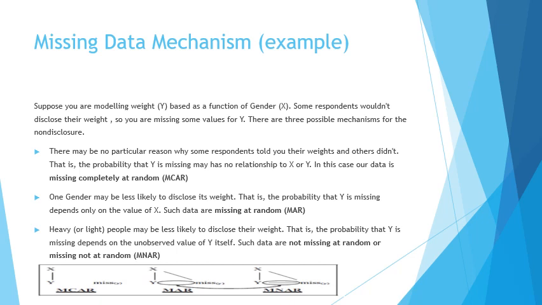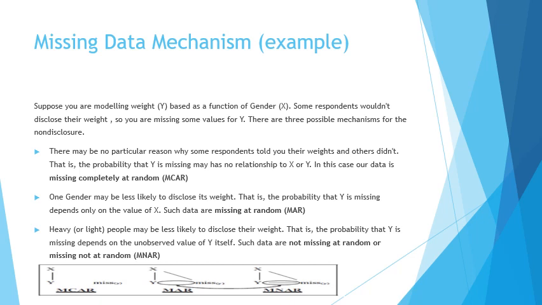I think there are three possible mechanisms for non-disclosure of weight. One, there may be no particular reason why some responders told you their weight and some didn't. In this case, you will consider the data as missing completely at random, or MCAR.